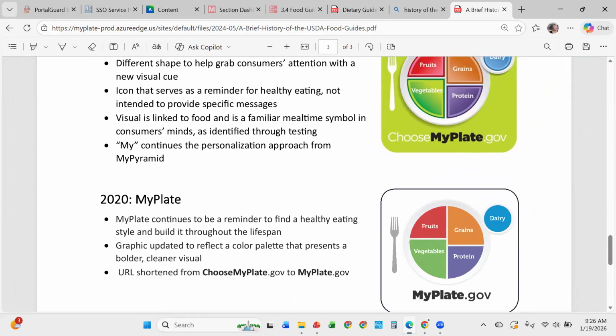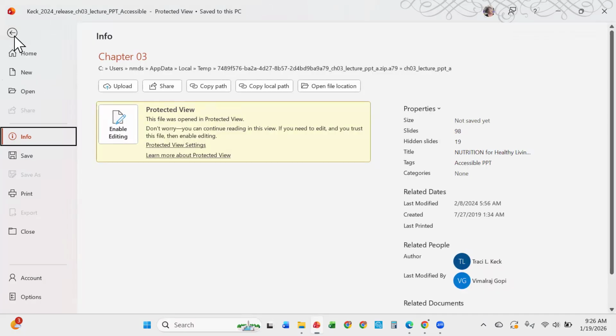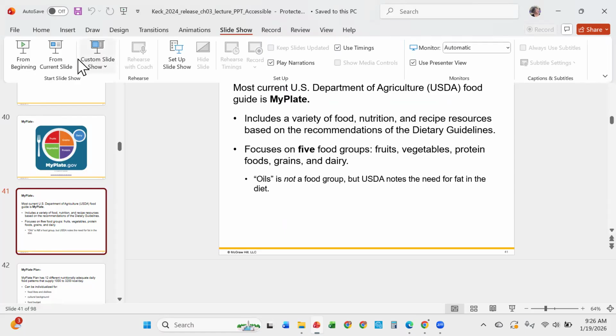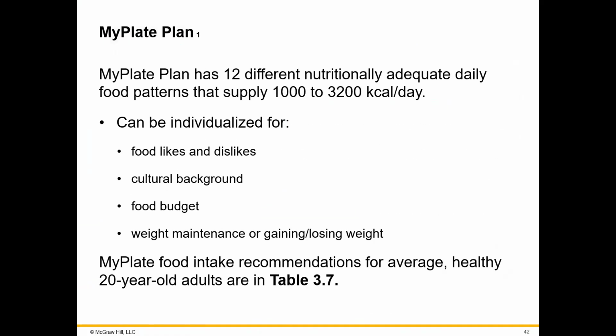So, a lot of research does go into these dietary guidelines and the food models. It's pretty interesting, and you can follow along with that because these visual guides are developed by the USDA. They sponsor it, in cooperation with the departments of health, and they really do a good job at setting these guidelines for Americans.